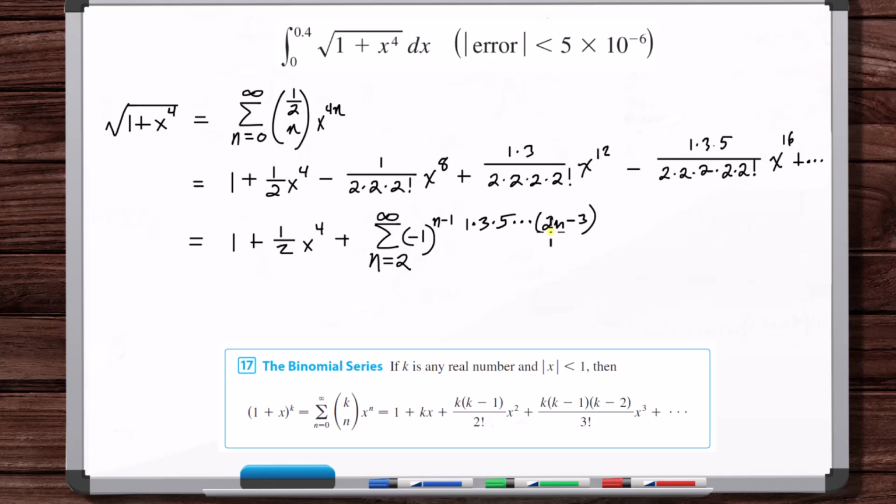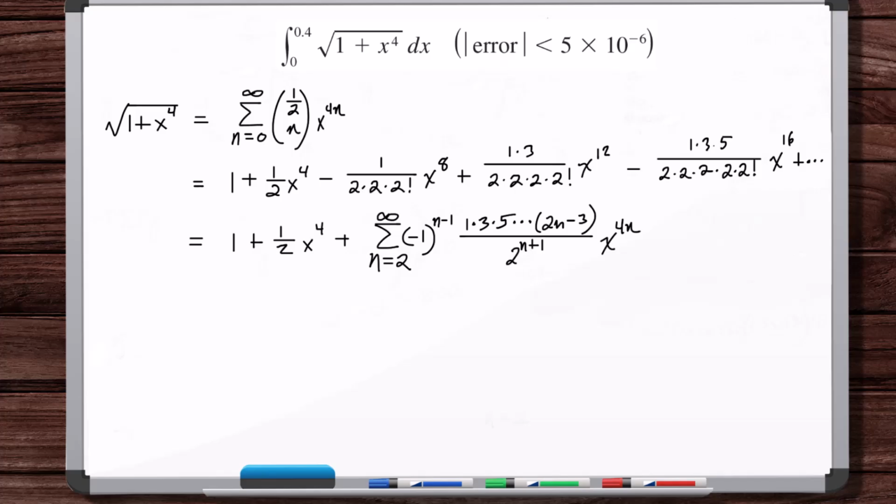Yeah, that's right. Now over, so we've got 2 cubed here, then 2 to the 4th, then 2 to the 5th, because 2 factorial is 2. We're starting at 2 cubed, so it's going to be 2 to the n plus 1 in the denominator. Now x should be just 4n. This should update each time.